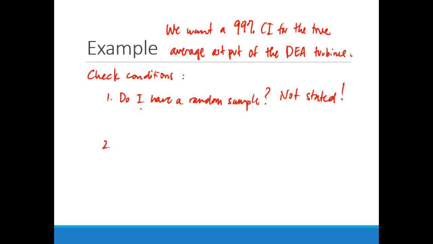So hopefully they didn't just sample all their newer turbines, for example, or all the turbines in a certain region. We would assume that they would want to get a representative sample. So let's say there's no reason to assume a biased sample.